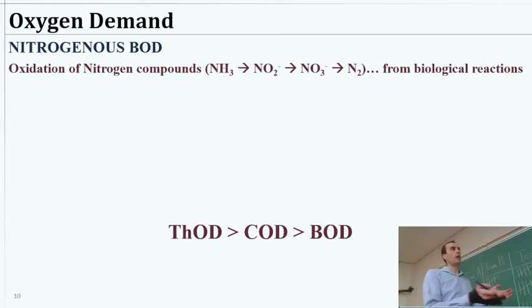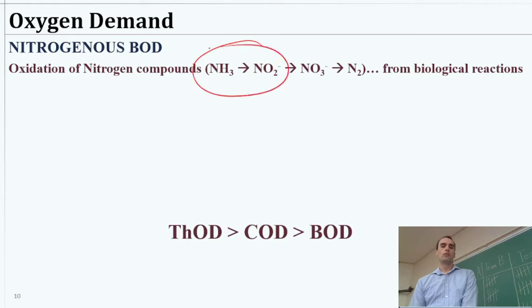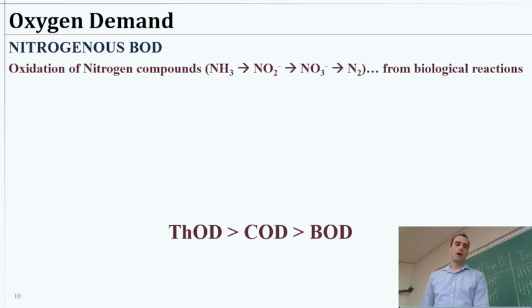So you might see a problem asking you about different parts. You could do theoretical nitrogenous BOD if you had some specific reaction that you were going to perform, and you just need to balance an equation based on that reaction, right? So I just wanted to make a note that that's a topic. Sometimes people will distinguish between the nitrogenous versus the carbonaceous BOD.